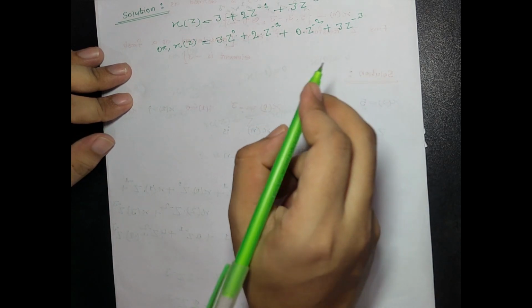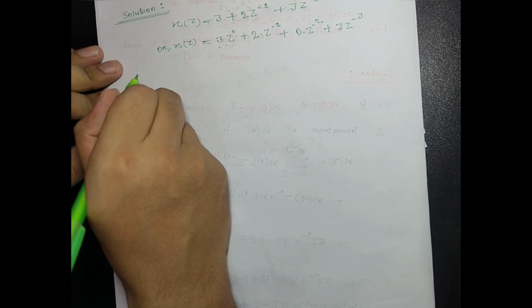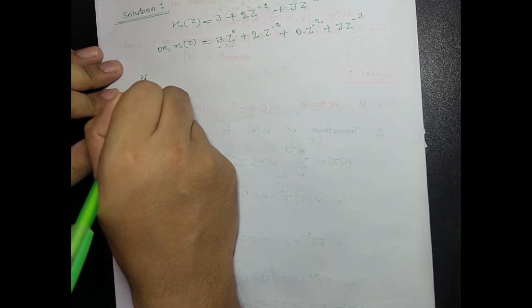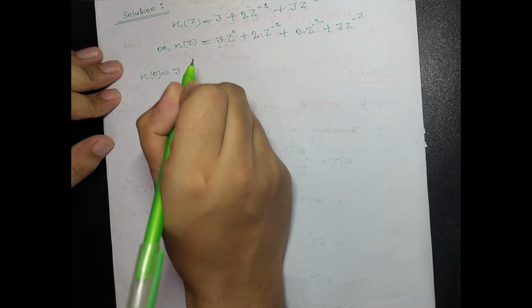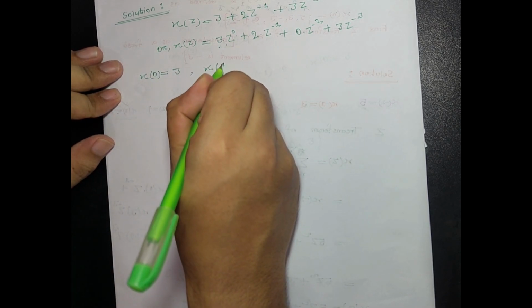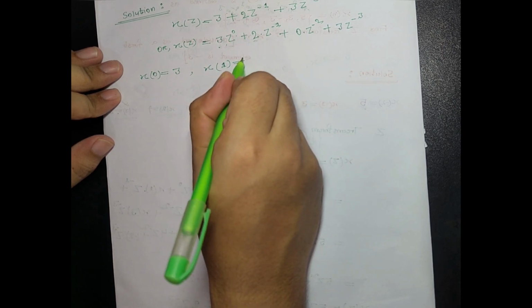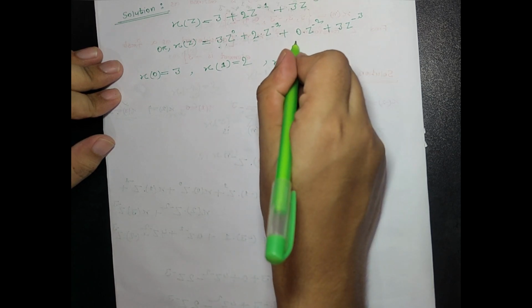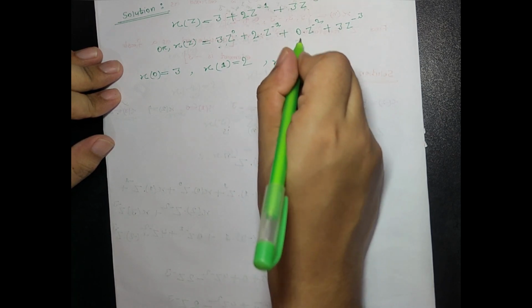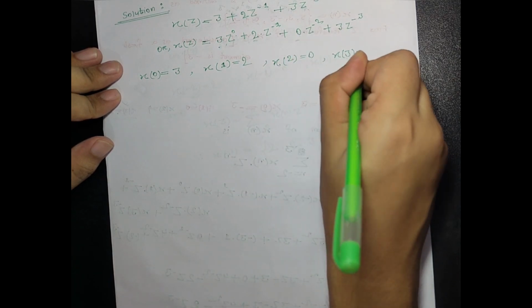Here the first element is 3. That means x of 0 equal to 3, x of 1 equal to 2, x of 2 equal to 0, x of 3 equal to 3.